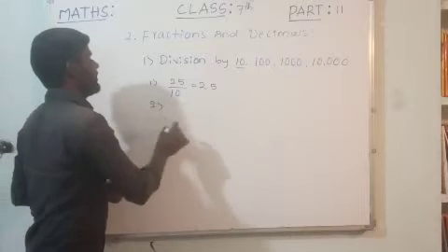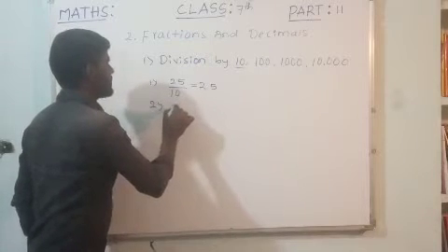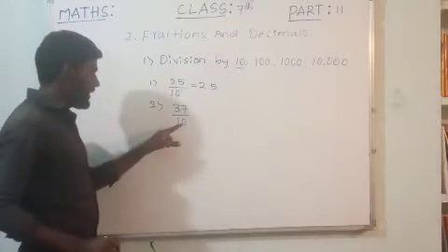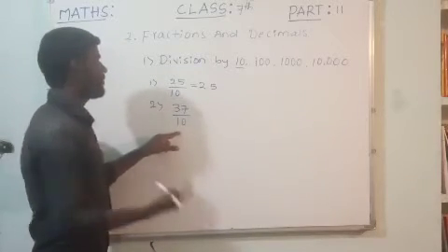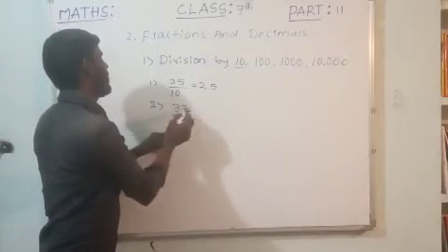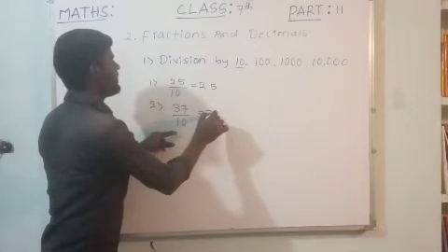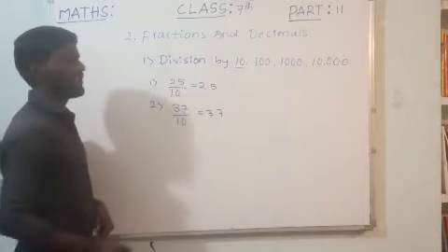Example 2, suppose 37 by 10. In the denominator only 10, in the numerator from the left side after one digit we give the decimal point, that will be 3.7.